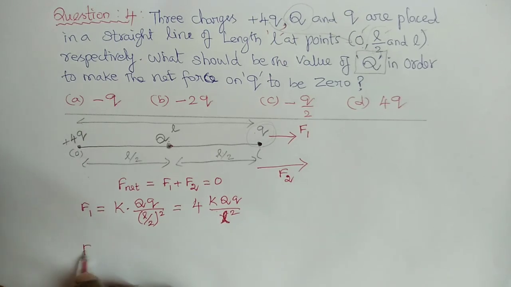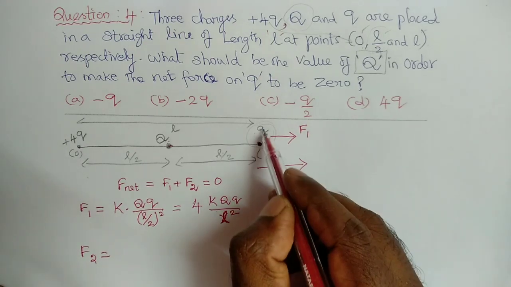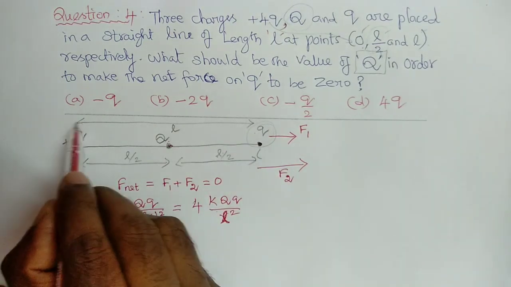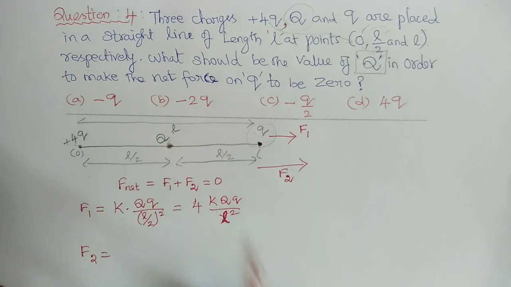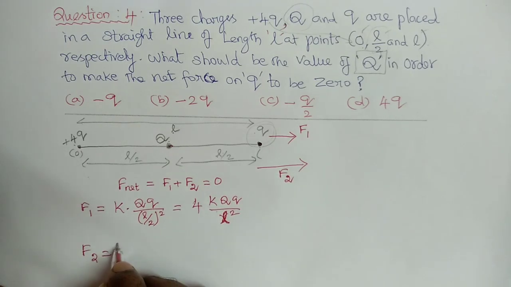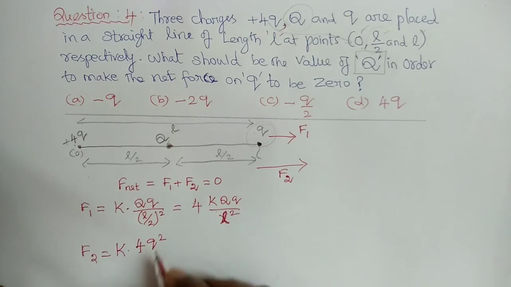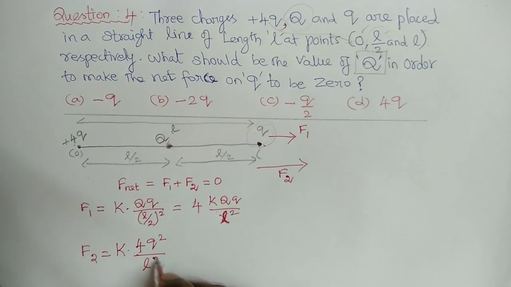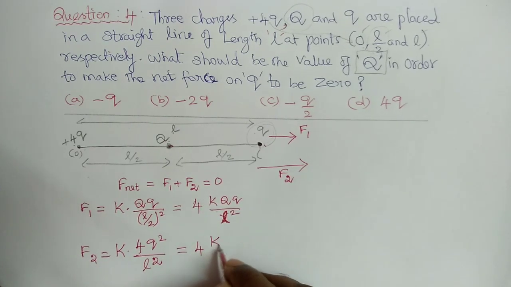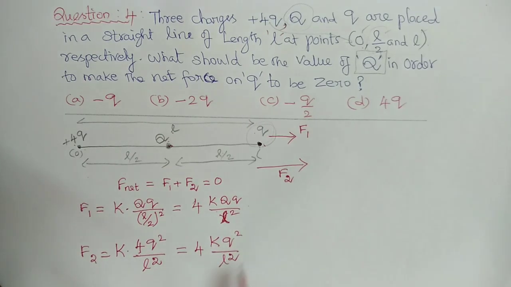Similarly, F2 is the force experienced by small q due to this 4Q, which is situated at a distance of L. So we write the force equation: K times 4Q times q, that is 4Qq, divided by L square. So F2 is 4KQq by L square. This is F1, this is F2.